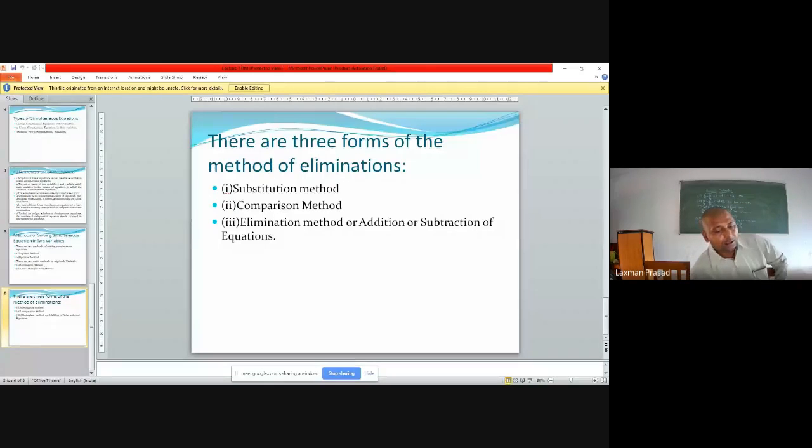So compare equation 1 and 2. As the name suggests, there is a comparison between two variables. While comparing two variables, we find out the value of one variable, like y equals 3, put the value of y in the equation and then get the value of x, and vice versa.